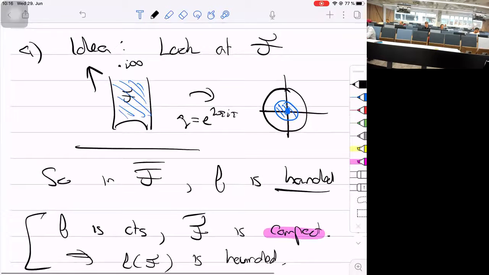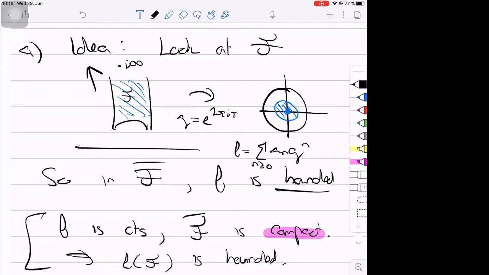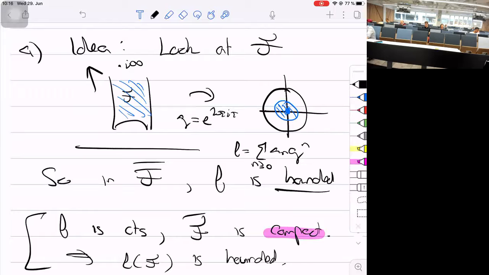I didn't write it out explicitly, but f is going to be the sum of a_n q to the n, with n greater than or equal to 0. So at q equals 0, we don't have a pole, so we get an actual number out. And so on this fundamental domain, or its image inside the unit circle, you actually have a value at every point. It's a continuous function.